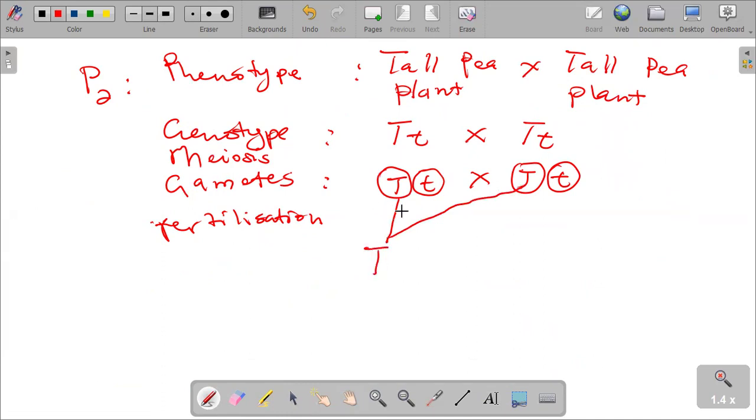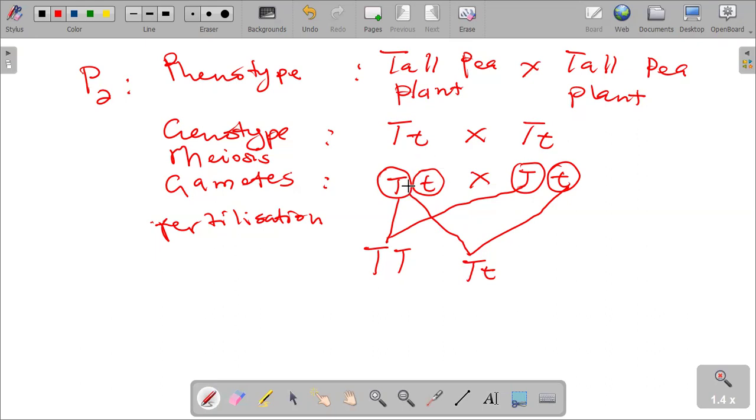So we have this dominant T and that dominant T, which gives us TT. We also have the first T again here, and it must finish everything on the right. So we have this T and then that recessive T, and this T and then that recessive T there.